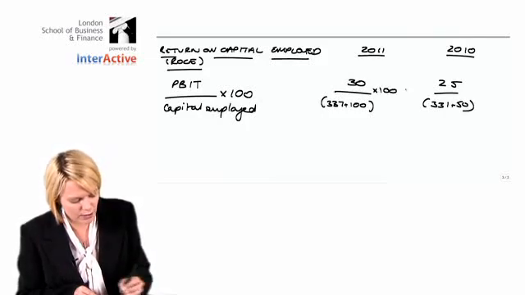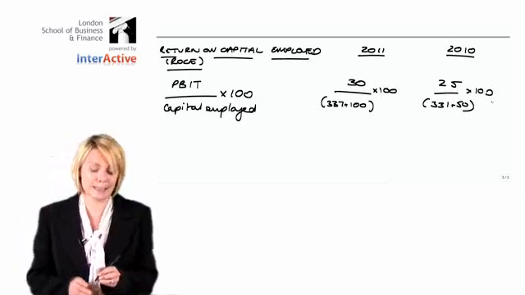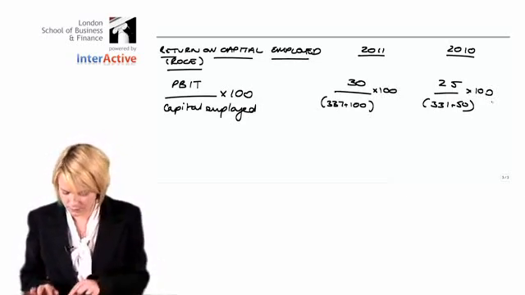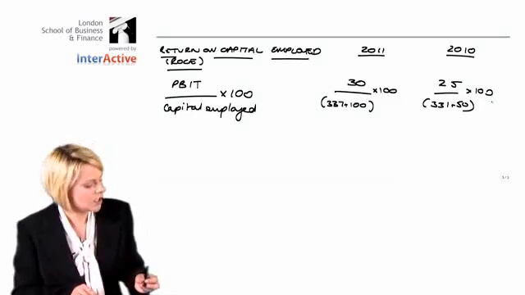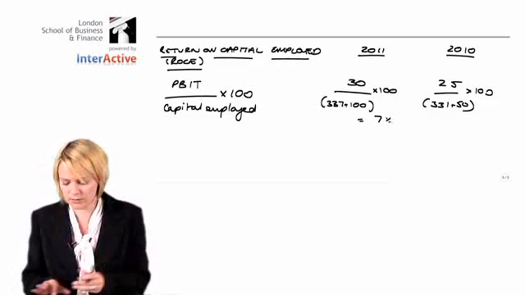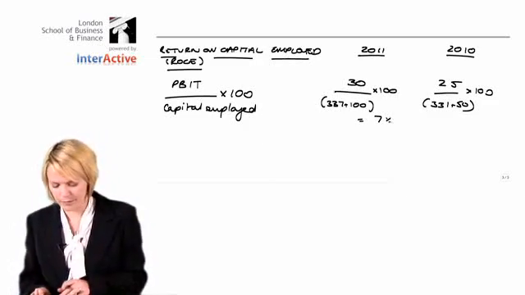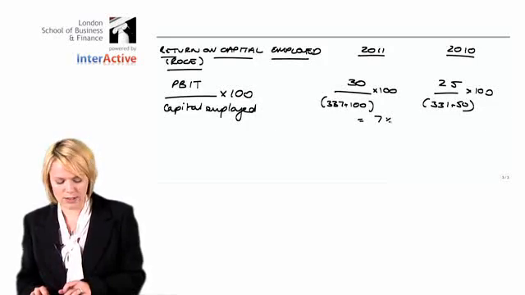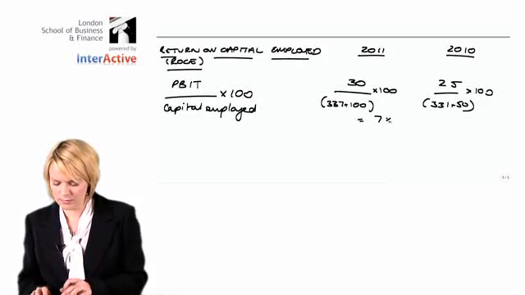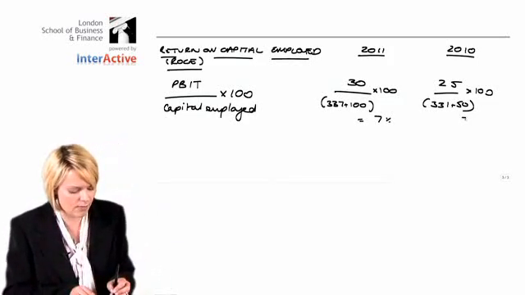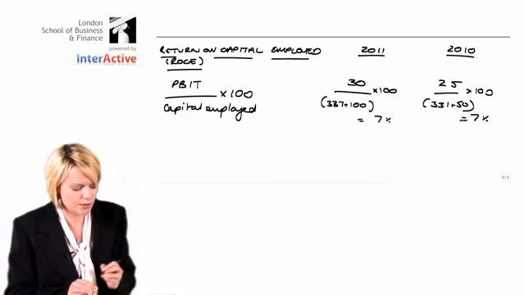And again, we're going to times it by 100 to get a percentage. So we'll make that 7% for 2011 to the nearest percent. And then 25 over 381 is 6.56, which we're going to make 7%, rounded to the nearest percent.